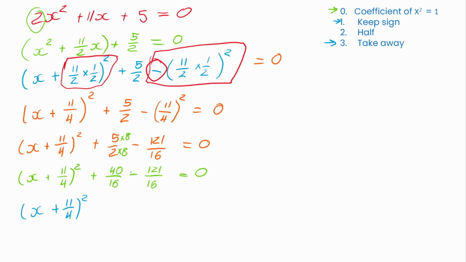If we evaluate this, we get minus 81 over 16 is equal to 0. And what I can do is I can just take this to the other side. I'll get x plus 11 over 4 squared is equal to 81 over 16.